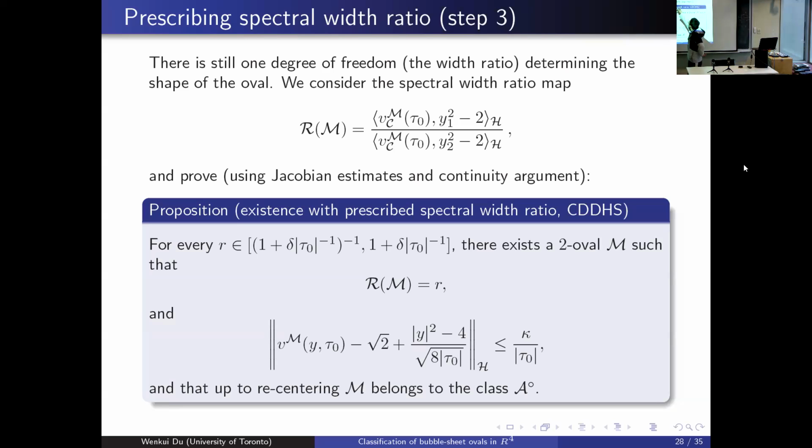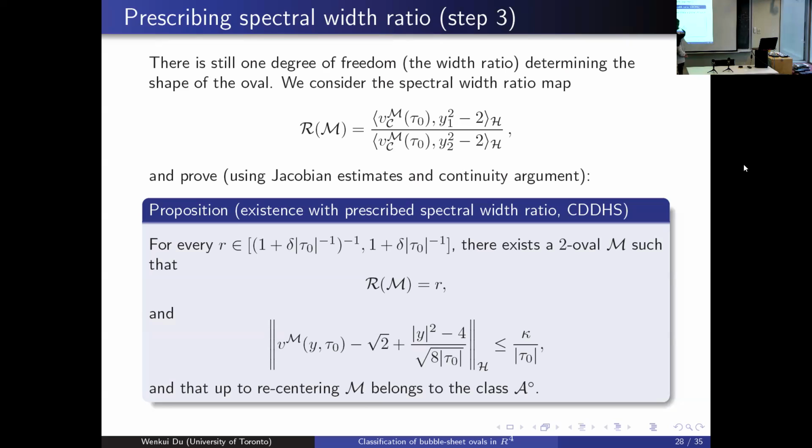This is the last freedom, which controls the shape of these ovals. Using the above Jacobian estimates and the continuity argument, we can show that this map is locally surjective. Later we will use this spectral map to establish coordinates on the moduli space.